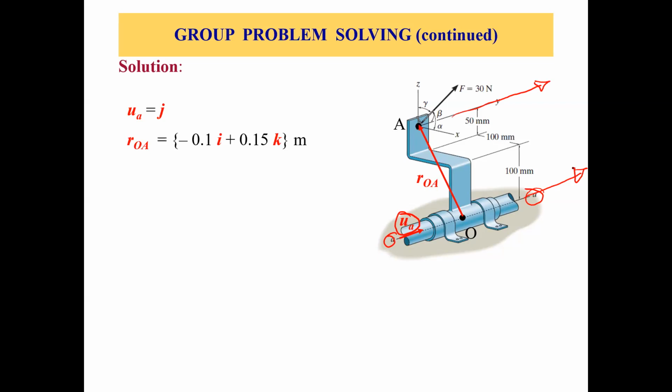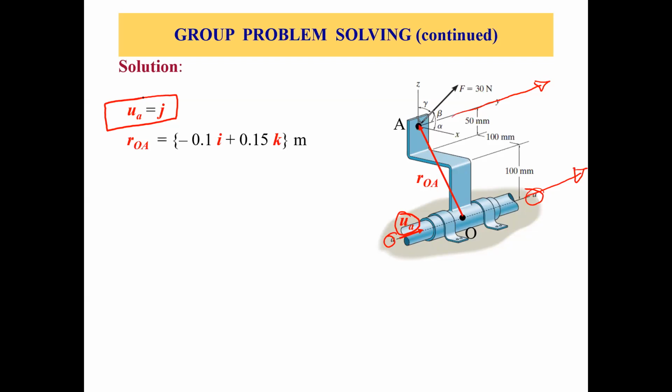Since we are moving along the direction or parallel to the direction of the y-axis, the unit vector u sub a equals 1j, or just j. So k is 0, i is 0, and you'll just have j for the unit vector. So we have this u sub a done.